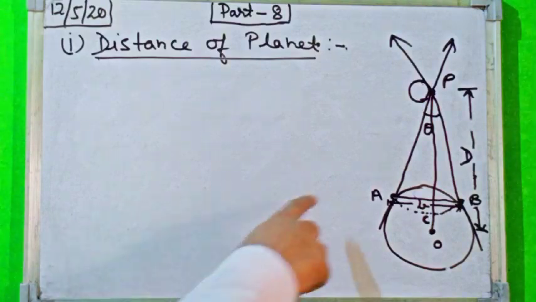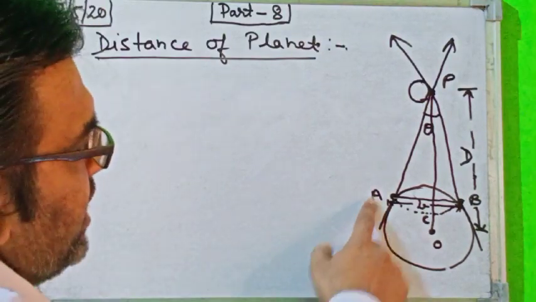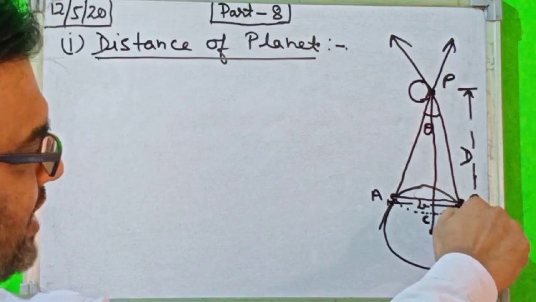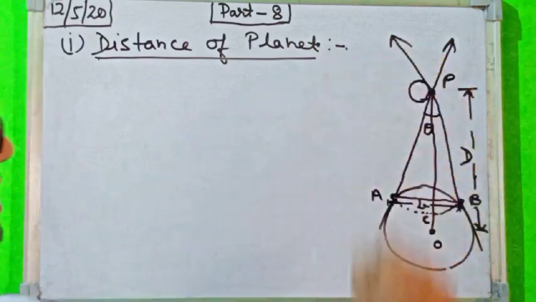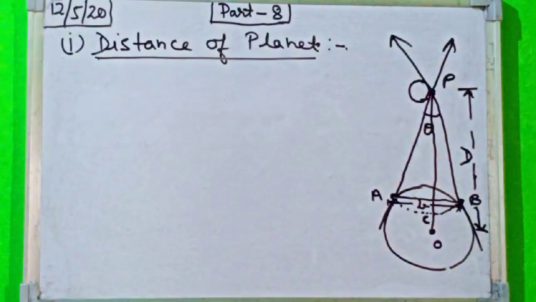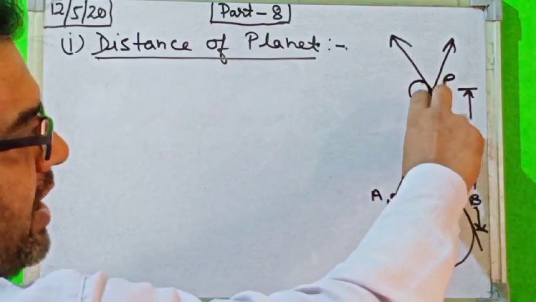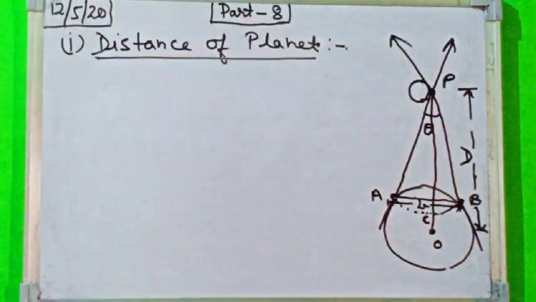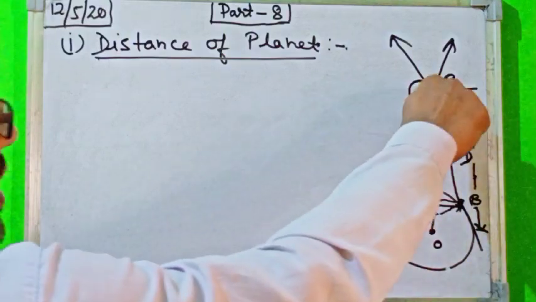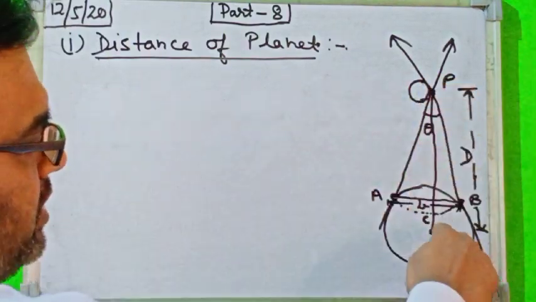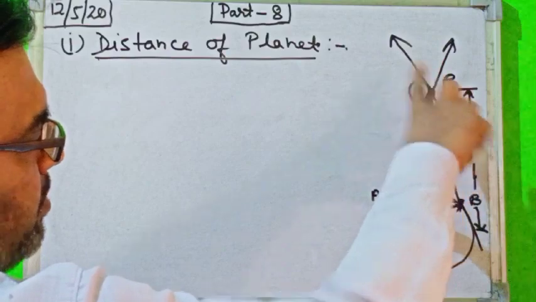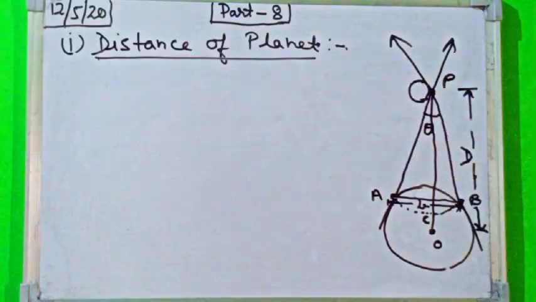So from the first observatory, our line of sight is AP, and from the second observatory, our line of sight is BP. Both the lines of sight are making an angle of theta with each other, which is parallax angle. Now we had joined point P with center of the earth O, that is PO, which is the distance of separation of the planet from the center of the earth.